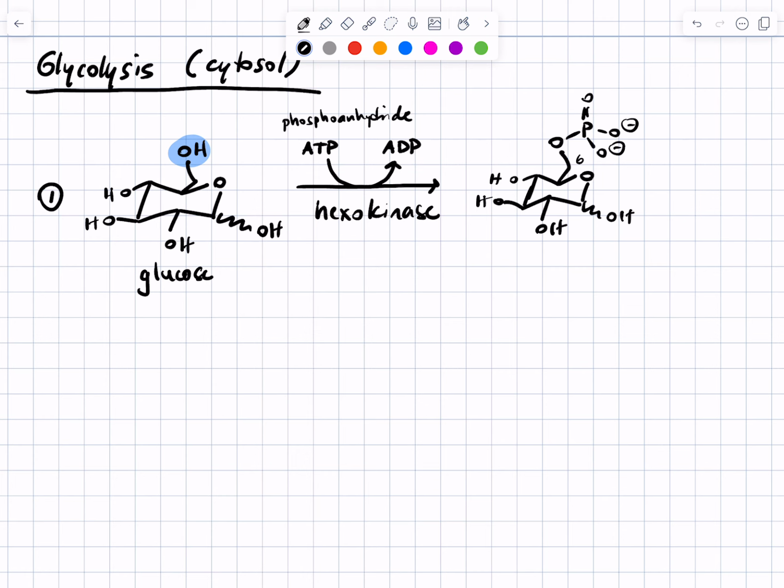This is on carbon 6 of glucose, so this is called glucose 6-phosphate. You've gone from the phosphoanhydride level of reactivity to, what's this functional group? What would you call that? Yeah, that's right, it's a phosphoester. So that goes from level 1 reactivity down to level 2.